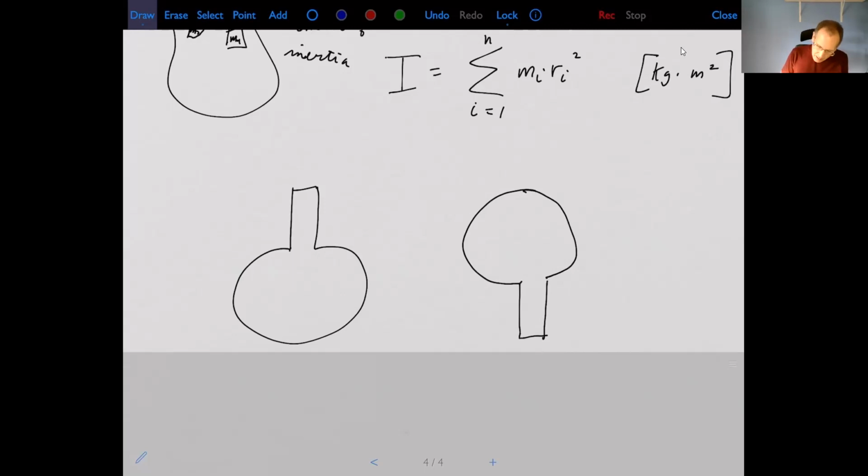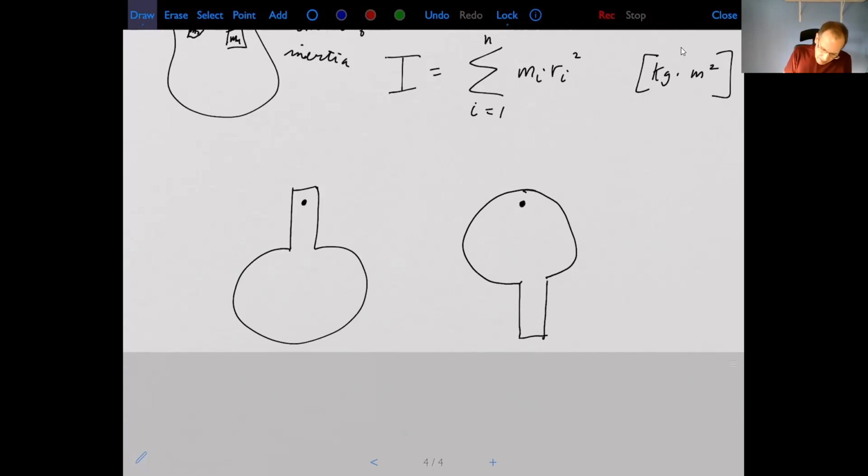So same mass, but in this case, I calculate the moment of inertia about this point in the handle. In this case, I calculate it about this point in the paddle itself. So for which case would I have a larger moment of inertia? Again, they have the same exact mass. It's just that the mass is distributed differently depending on what I choose as my axis of rotation.